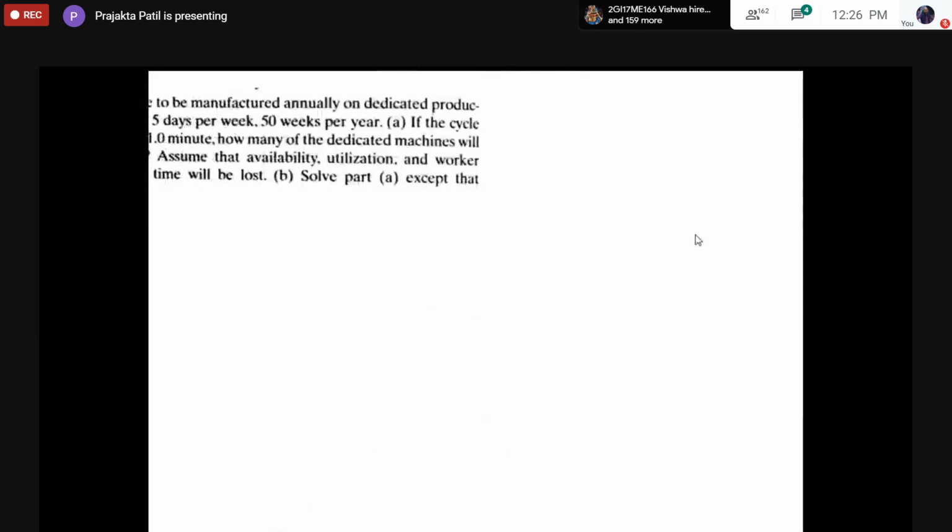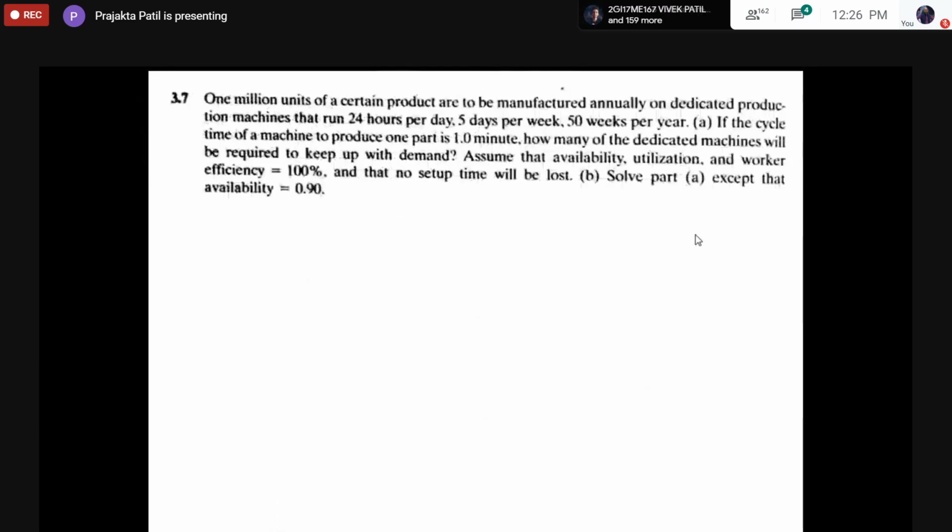This is the last problem with respect to the manufacturing models. After this, we'll be starting with manufacturing cost and the related problems. This is the last one. 1 million units of a certain product are to be manufactured annually on dedicated production machines that run 24 hours per day, 5 days per year.